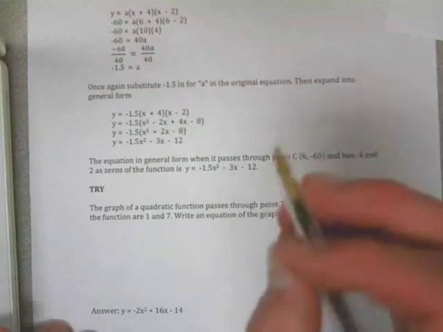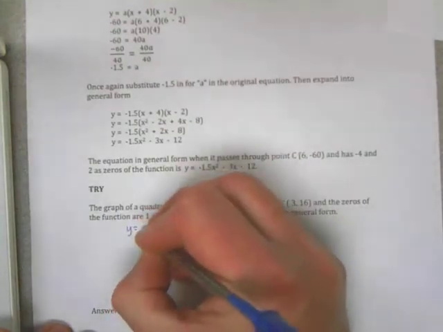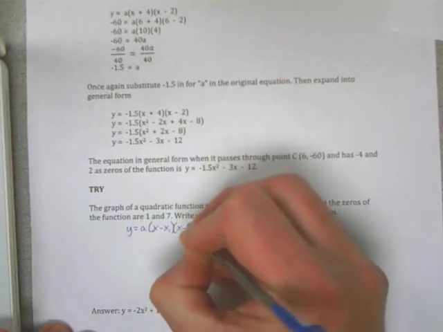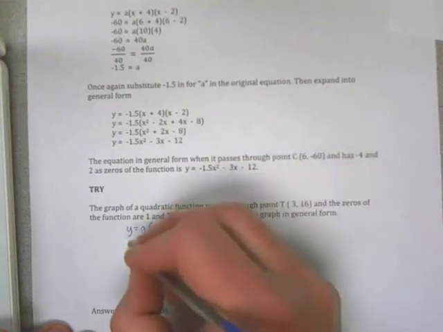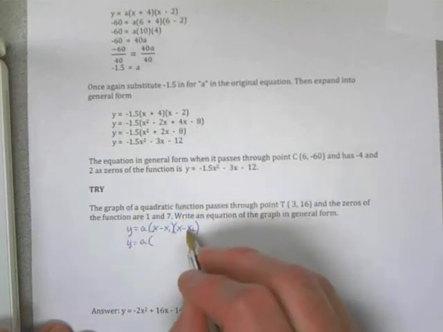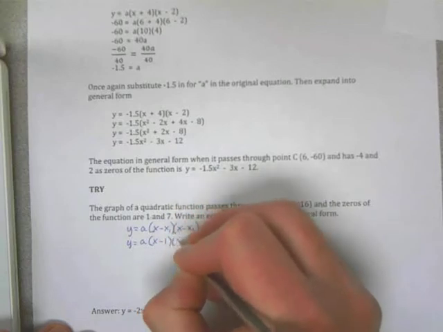So we're going to plug in the factor form equation, which is y is equal to a times x minus x1 times x minus x2. I know that my points x1 and x2 are 1 and 7, so x minus 1 and x minus 7.